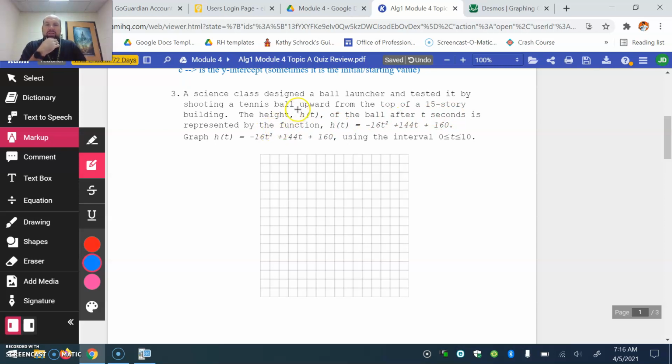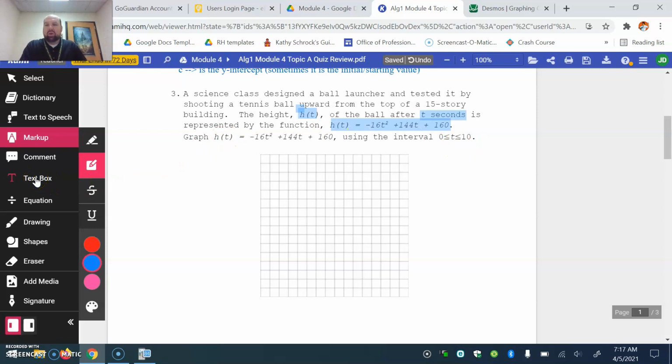The height, h of t, of the ball after t seconds is represented by the function h of t equals negative 16t squared plus 144t plus 160. So we're going to graph that using the interval from 0 to 10 for t. So t is going to be the same as x.